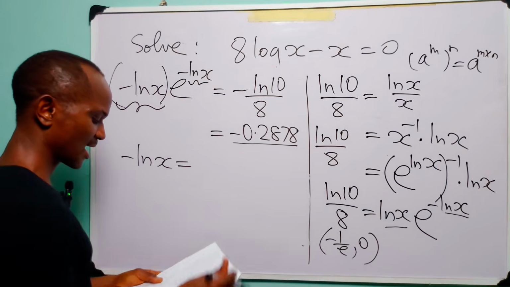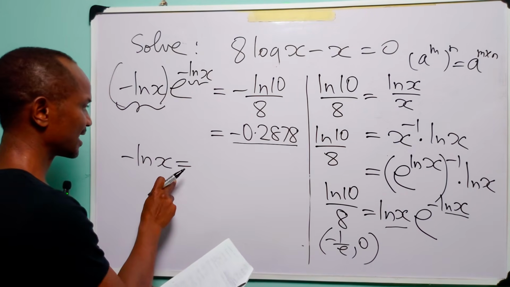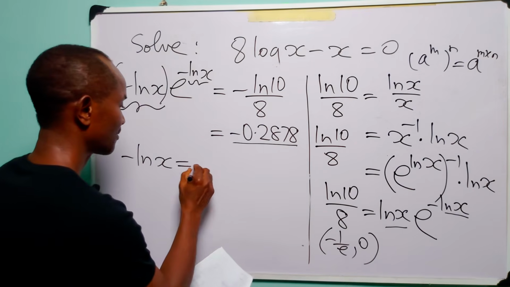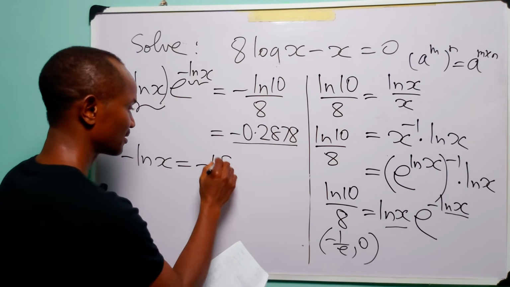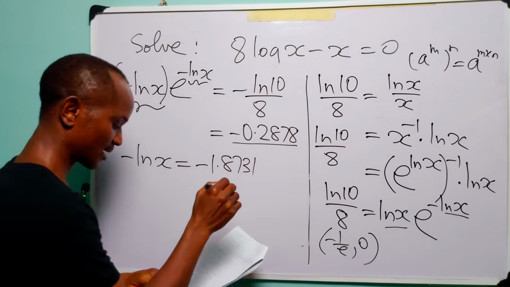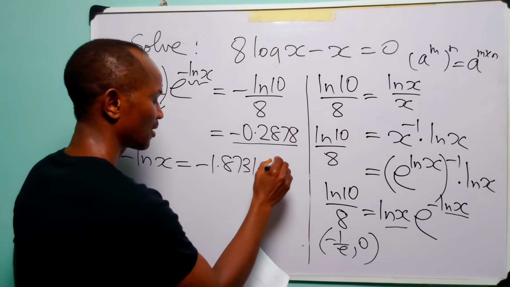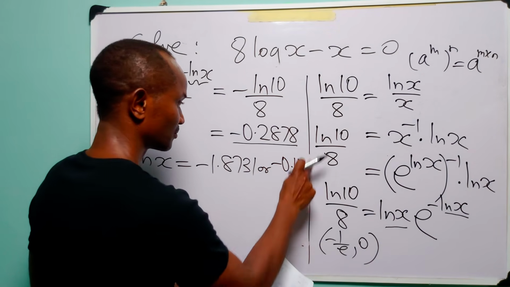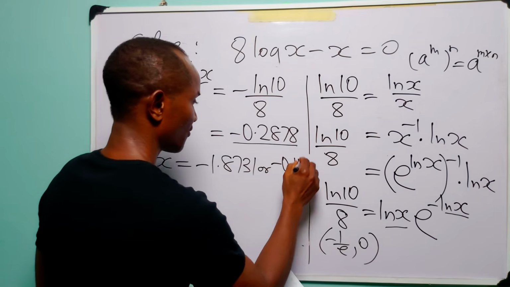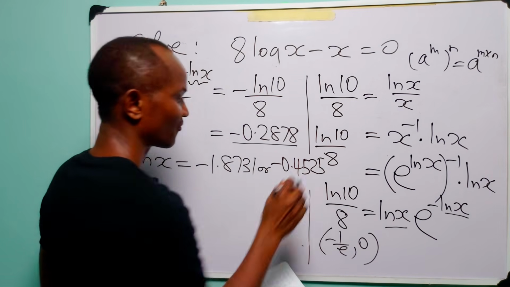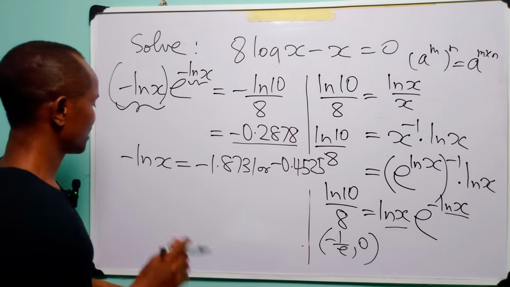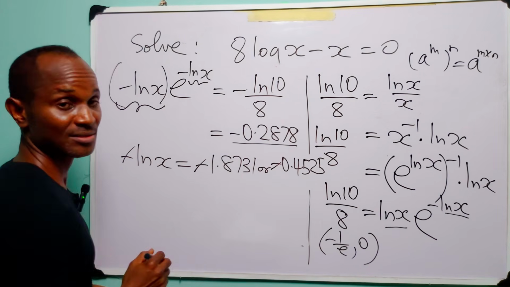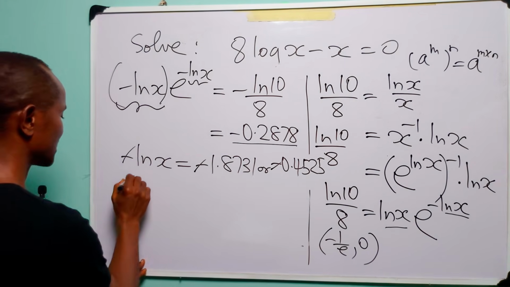In this case, we have that minus ln x is equal to minus 1.8731 or minus 0.4525.